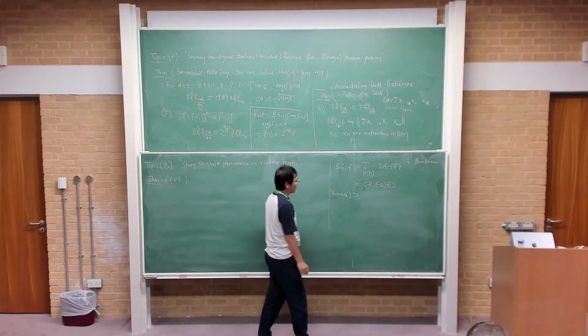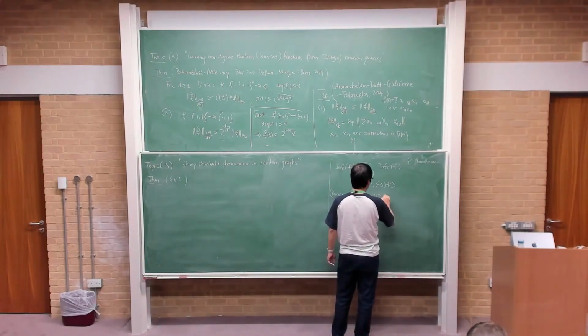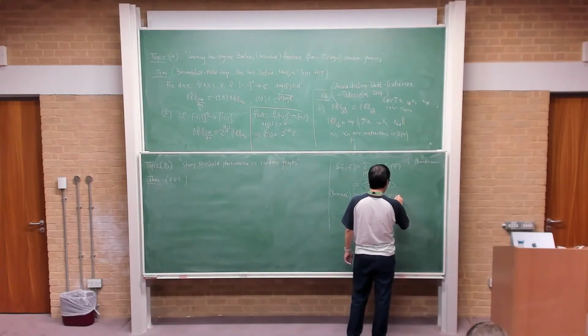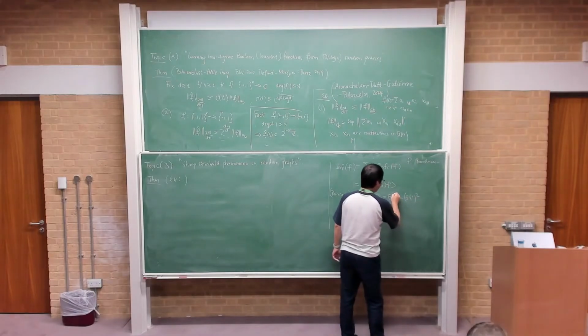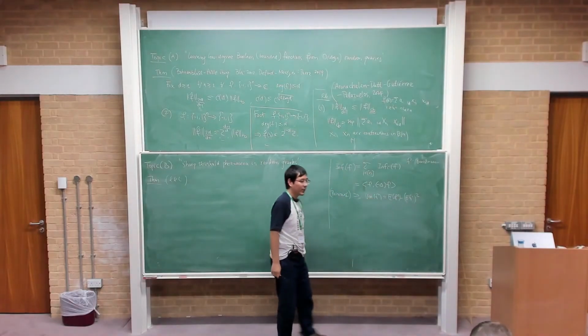The lower bound is given by the variance of f, which means it is the expectation of f squared minus the square of the expectation of f. Expectation here is with respect to the uniform probability measure.